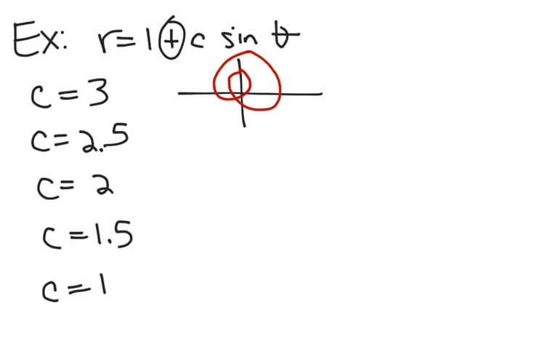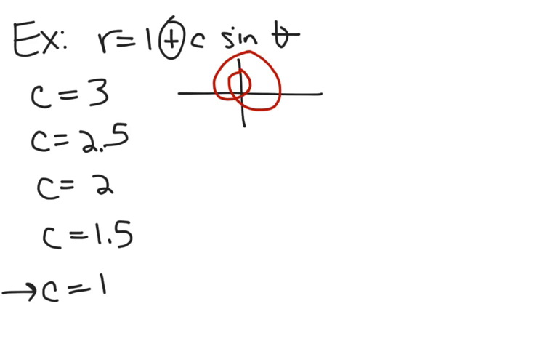If you change C to 2.5, it makes the loop smaller. Try plugging in 2. It makes the loop even smaller. Plug in 1.5, it makes the loop smaller. When you get down to the value in front of sine being 1, you no longer have a loop.